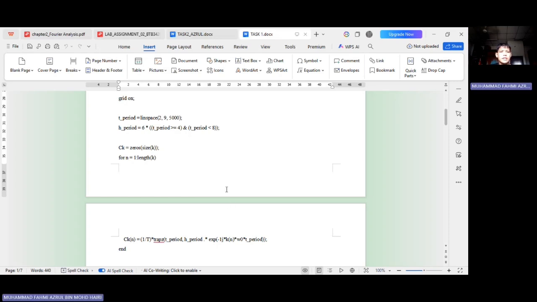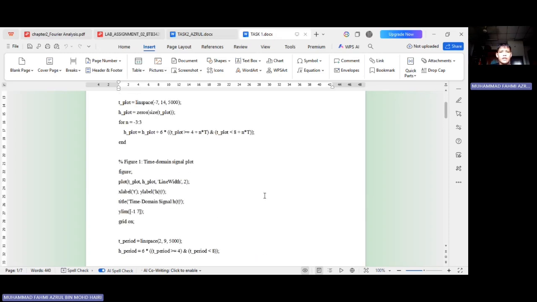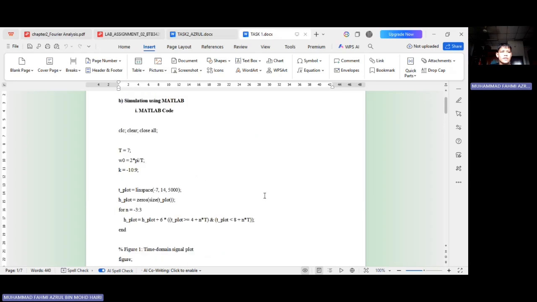The synthesis is the exact opposite of our analysis. Instead of decomposing a signal into frequencies, synthesis takes frequency components and builds or reconstructs a time domain signal.